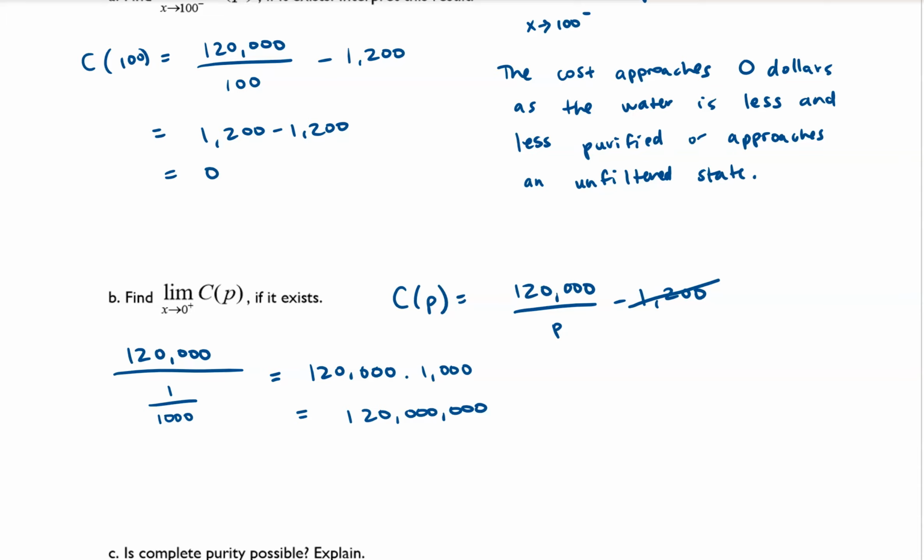Now, what if we plugged in an even smaller number? What if we plugged in like 1 over 1 million? Then we would multiply 120,000 times 1 million.